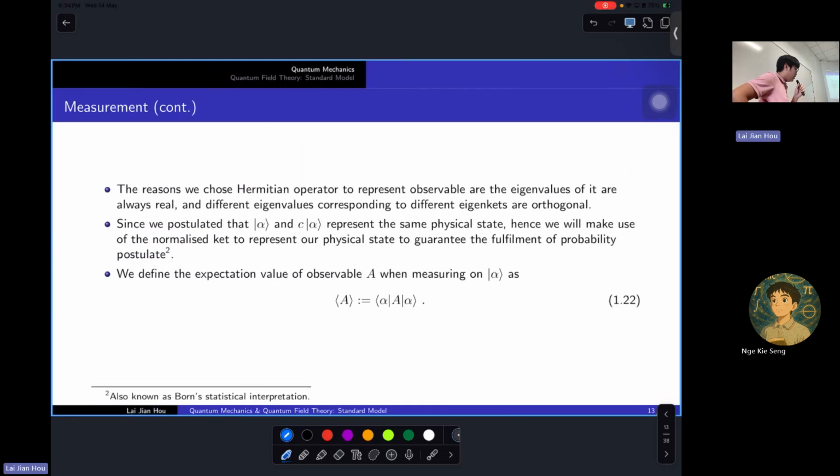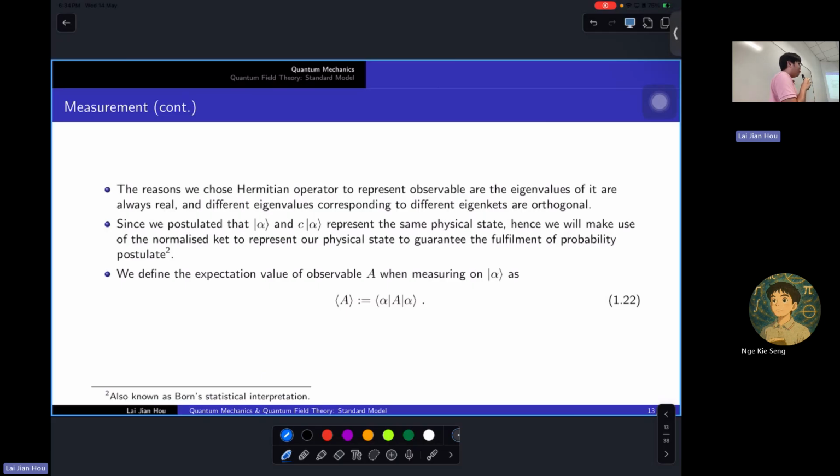Also, when we talk about probability, when we do the measurement on the physical state, the outcome is not certain. You have some probability to be thrown into eigenket A1, eigenket A2, A3.